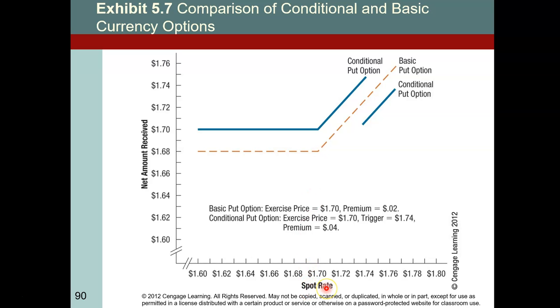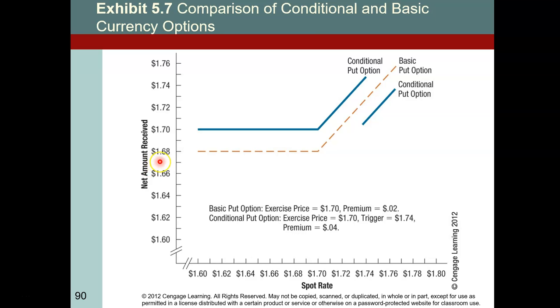If the spot rate is lower than 1.7, meaning you could purchase the currency at a lower rate, you would always exercise the option, right? And purchase the currency at a lower rate, making profits. However, the amount you receive through the option would always be 1.7, the income you have by selling the currency, minus the premium you pay, 0.02.